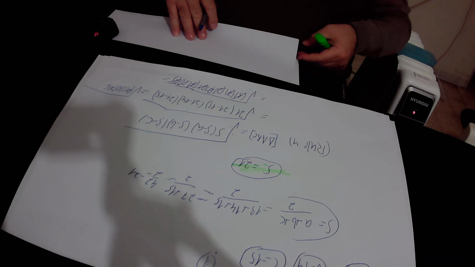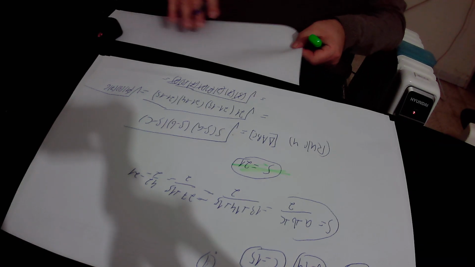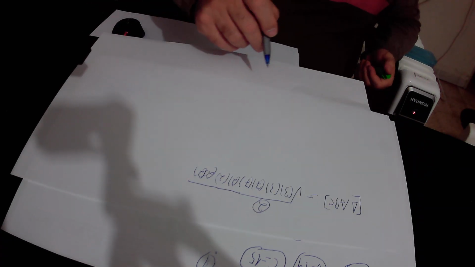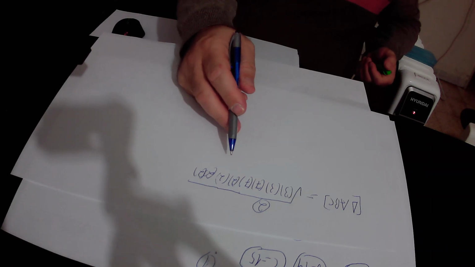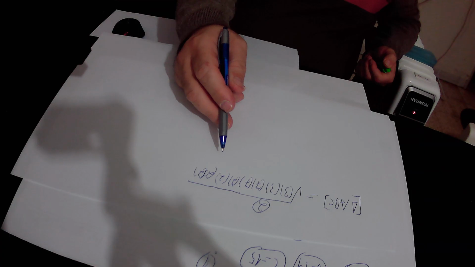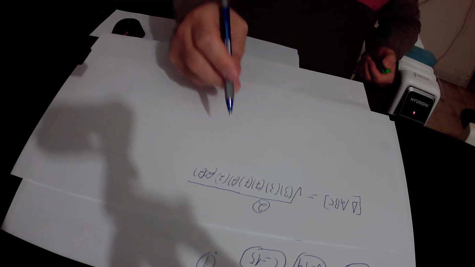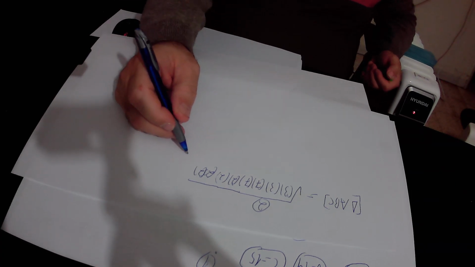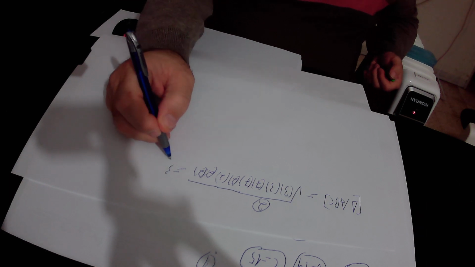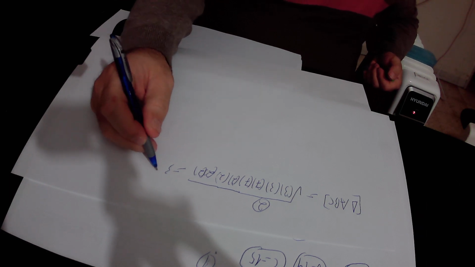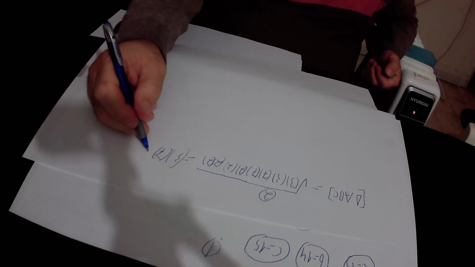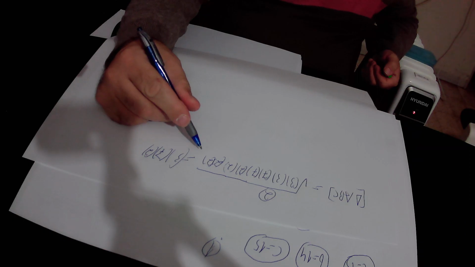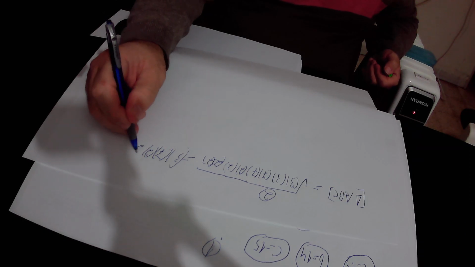According to rule number 4, the area of triangle ABC equals the square root of 3 times 3, times the square root of 7 times 7, times the square root of 2 times 2, times 2 times 2. So the square root of 3 times 3 is 3, the square root of 7 times 7 is 7, the square root of 2 times 2 is 2, and we have 2 times 2 again, so the square root of 2 times 2 is 2.